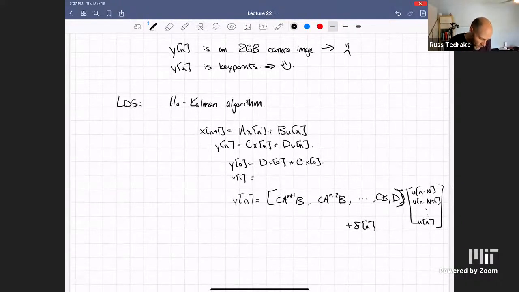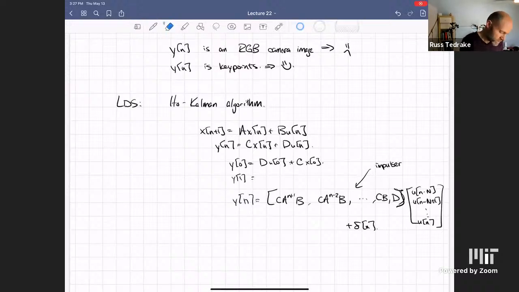So ultimately, of course, if I want to get A, B, C, and D, then I've got a harder problem to solve. But on first pass, this big matrix here is nothing more than the impulse response of the linear system. It's also known as the Markov parameters. The standard idea in fitting these state space models of linear dynamical systems is that you find these Markov parameters first.